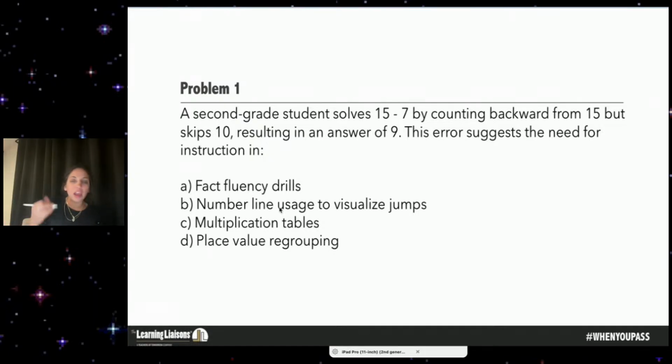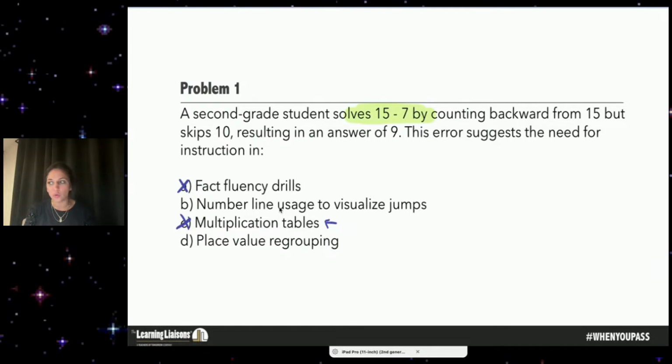So if they are using a strategy, they don't necessarily need fact fluency drills. Number line usage to visualize jumps, multiplication tables, y'all, they definitely don't need multiplication tables. This is a subtraction problem. And so this right here is definitely an answer that is kind of an outlier, one that doesn't really make sense.